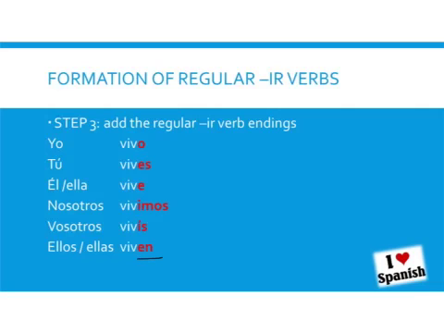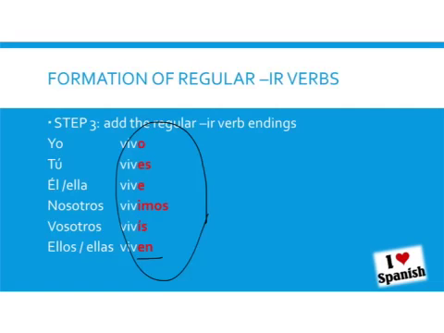Step 2, forming the stem, where we chop off the final IR from our infinitive. And step 3, we add our regular IR verb endings depending on who is doing the action of the verb each time.